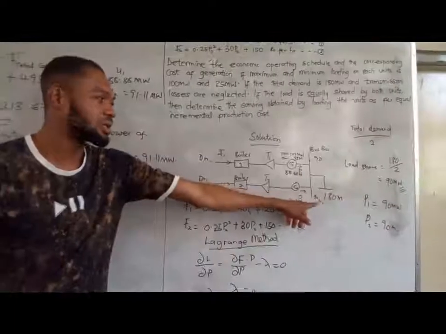when plant 1 is generating at 90 megawatts and plant 2 is generating at 90 megawatts.